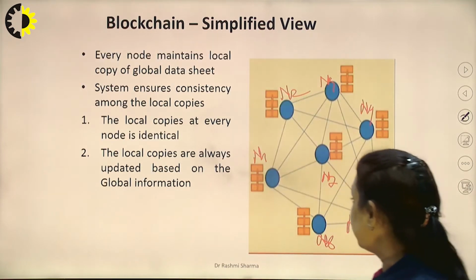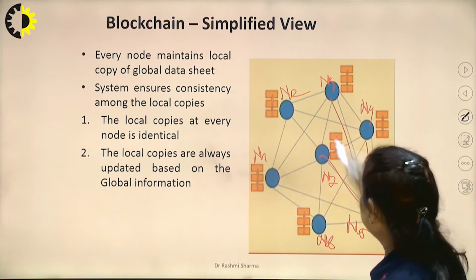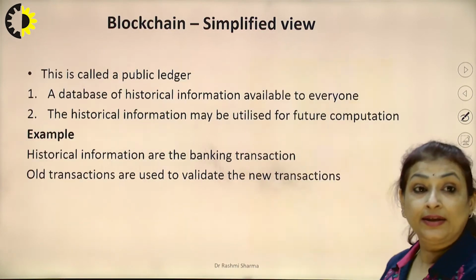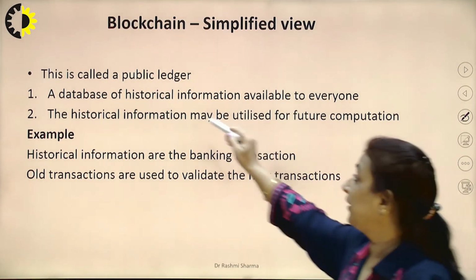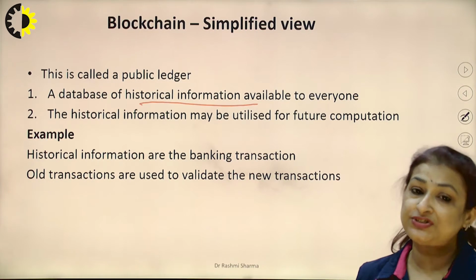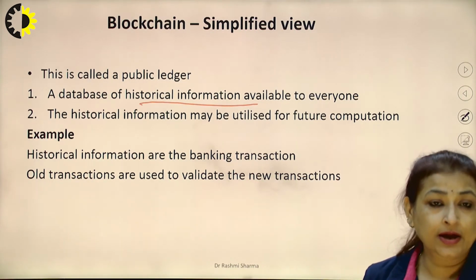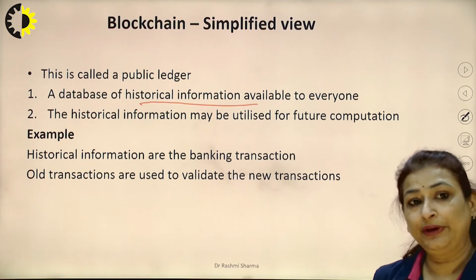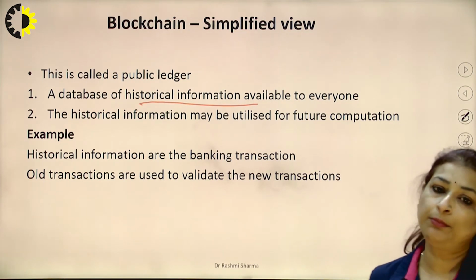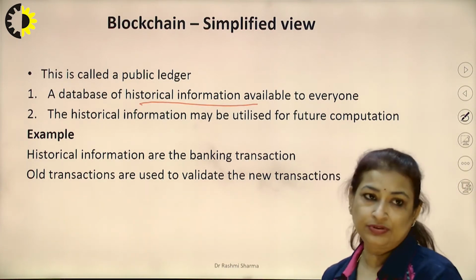If N5 is making changes, it would obviously distribute these changes to each and every node. So we are keeping historical information of what was changed and which user made the changes. And that historical information is utilized for future computation in blockchain. How we use that in the future, we will see in the coming slides.